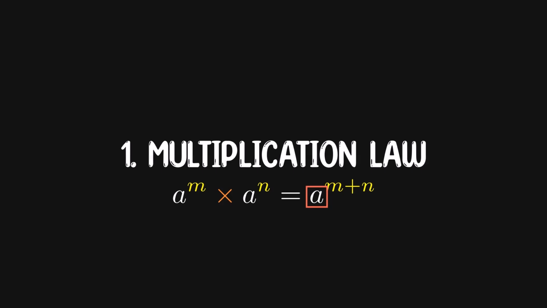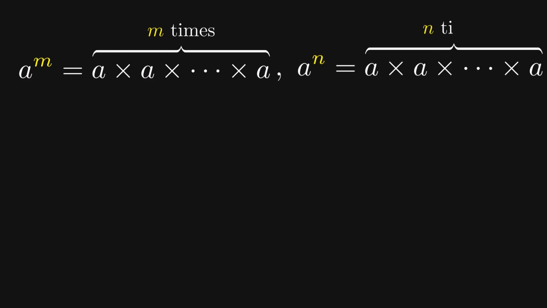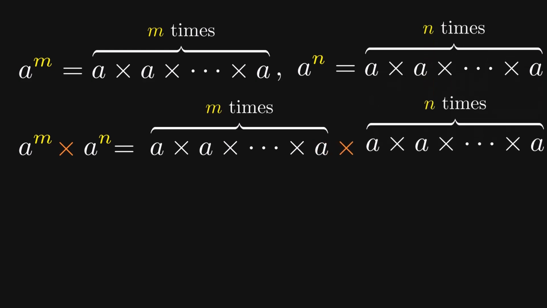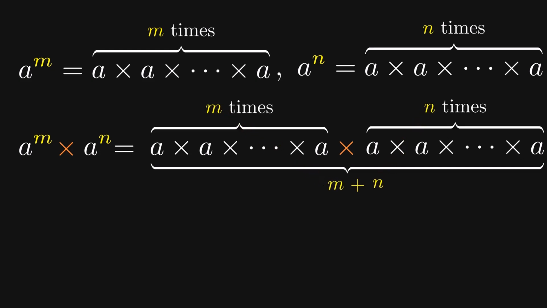Remember that we learned that a to the power of m is basically a multiplying itself m times, and a to the power of n is a multiplying itself n times. So a to the power of m multiplied by a to the power of n is equal to this multiplied by this. Now notice that if we count the total number of a's, we have m plus n in total.